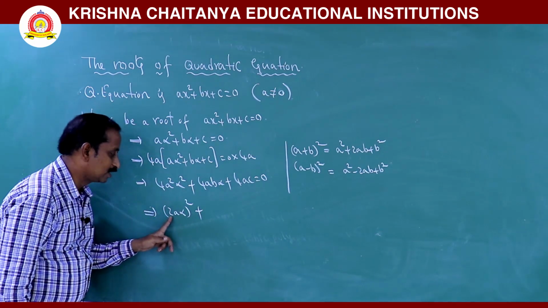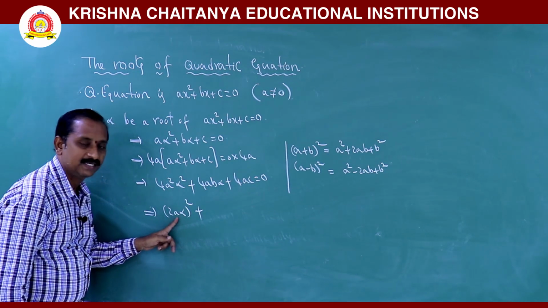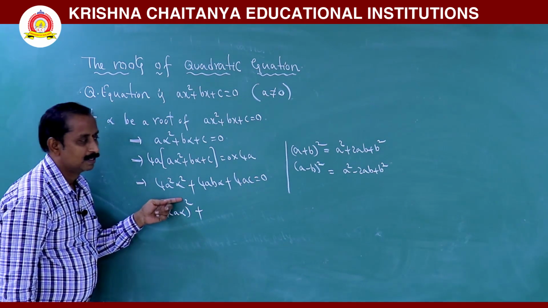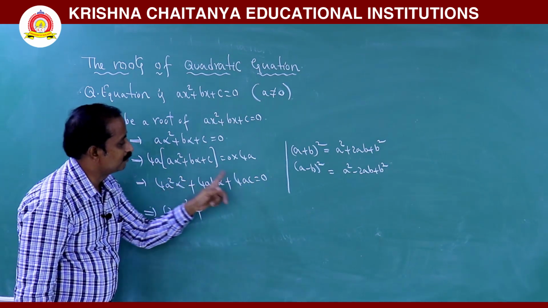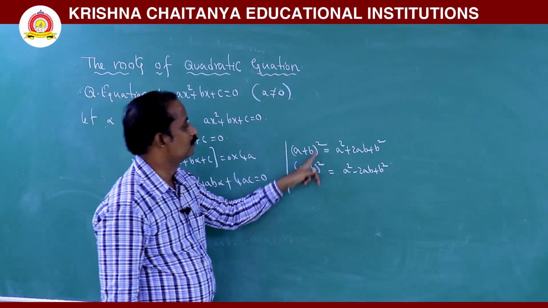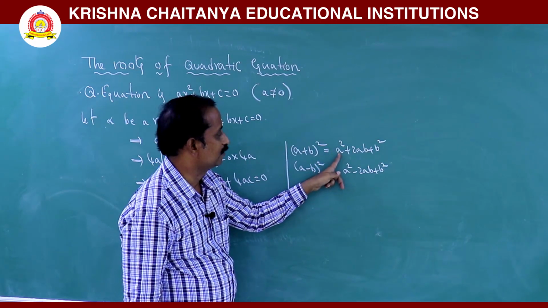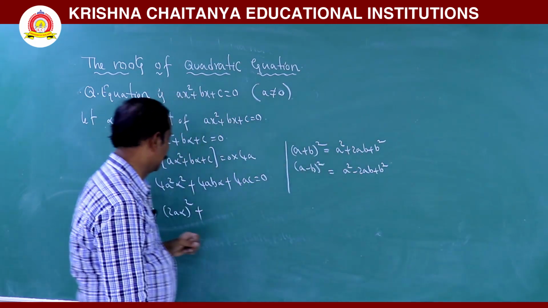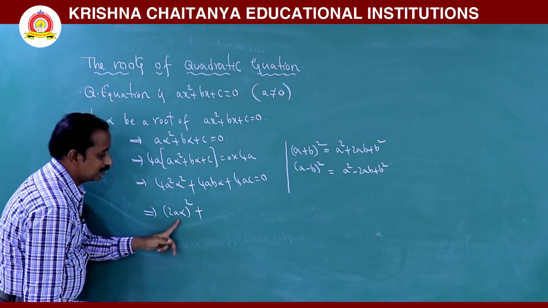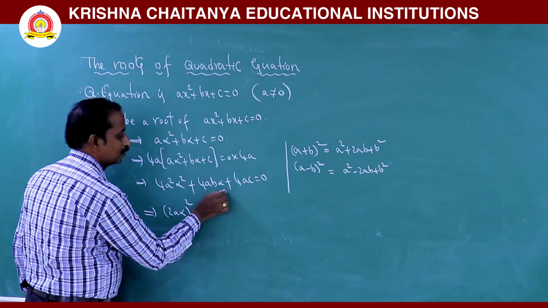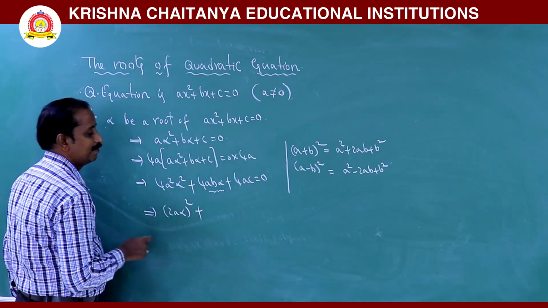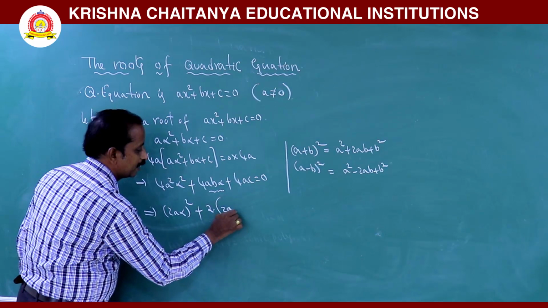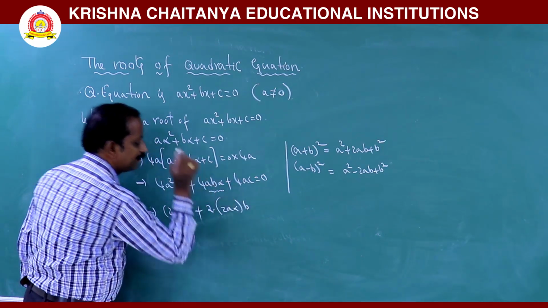If you consider 2a·alpha as a, it becomes a². Now we are converting to (a + b) whole square. We have only a² so far. The second term must be 2ab. Our assumption is that a is 2a·alpha. So we split 4ab·alpha as 2 into 2a·alpha into b.